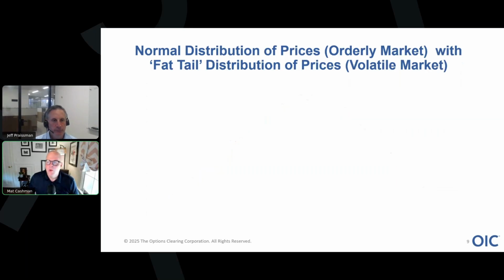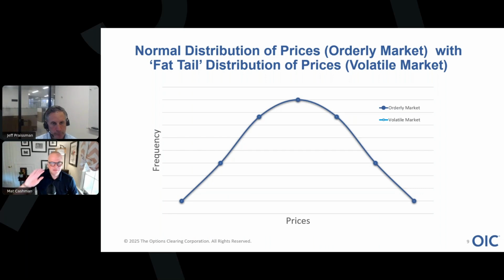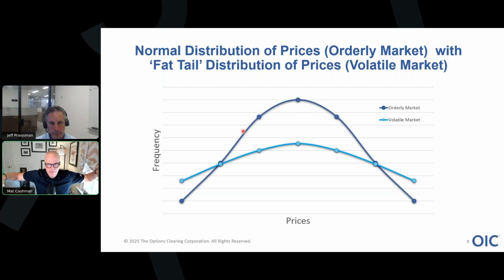What happens when the market goes bananas? How is it different? The normal price distribution that I just showed you is very ingrained in the marketplace, but how does it change when we start to see things move around a lot more than normal? That's how you can think about a volatile market relative to a really normal market. The idea I want you to take away from this is the broadening and flattening of the possibilities of price iteration.